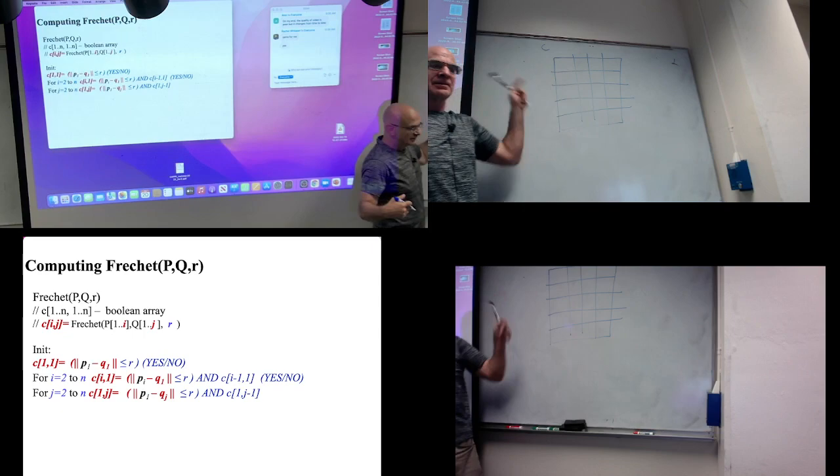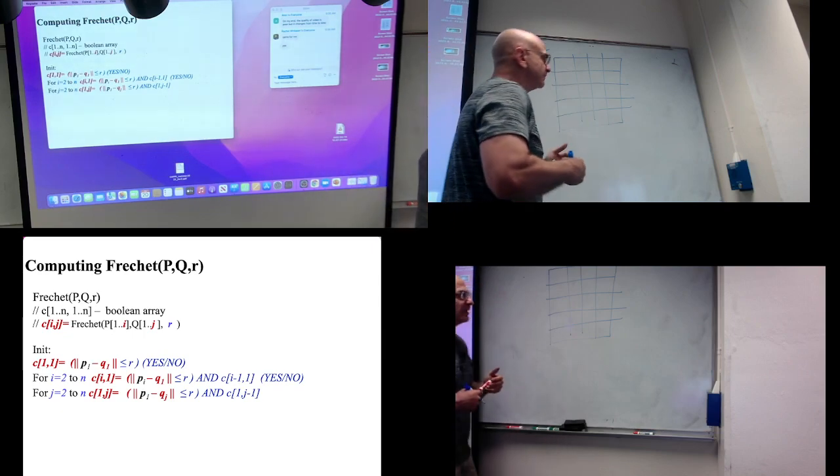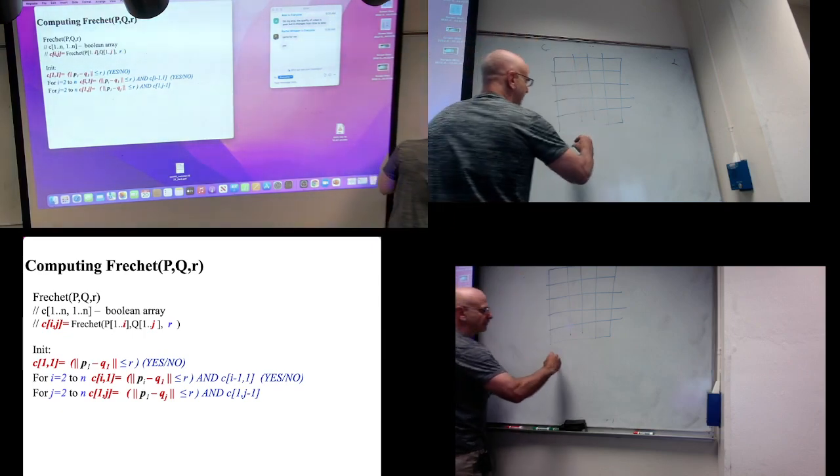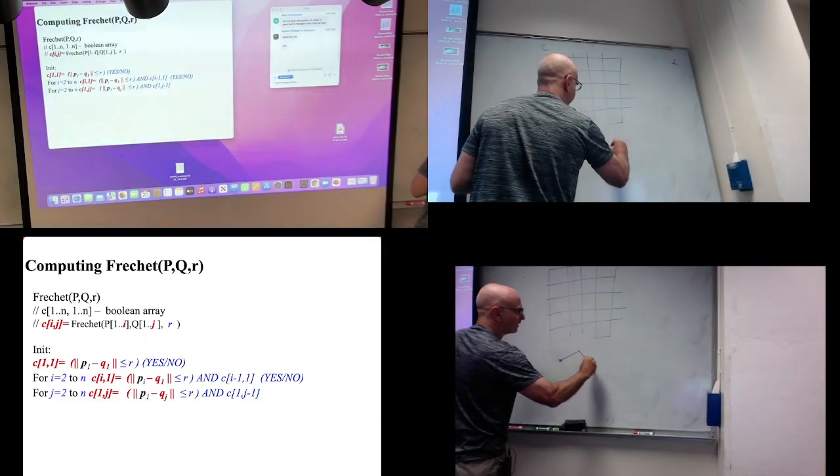In the case of the dynamic time warping, we looked at the path.